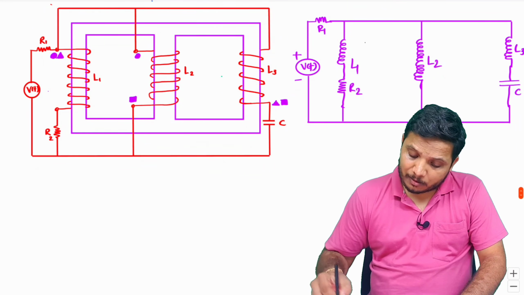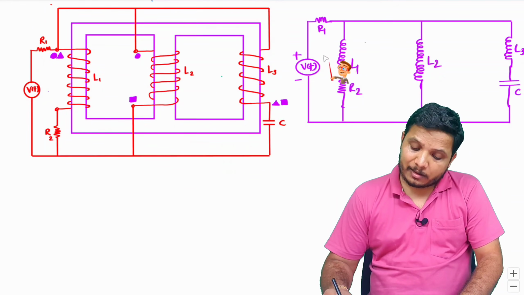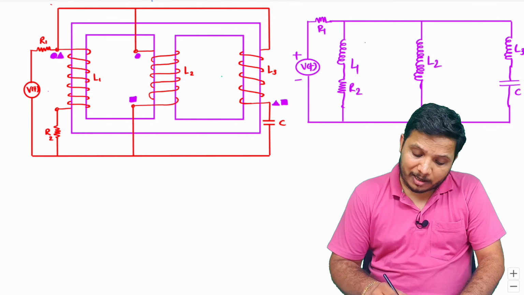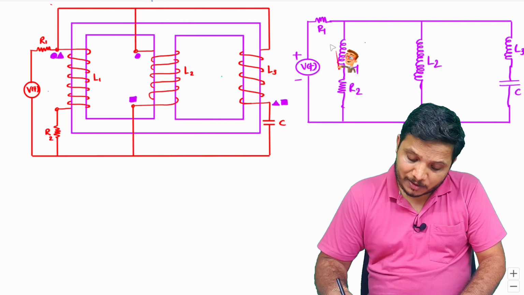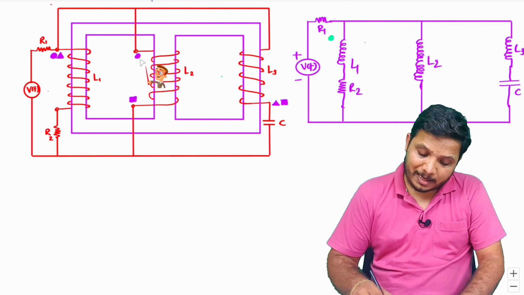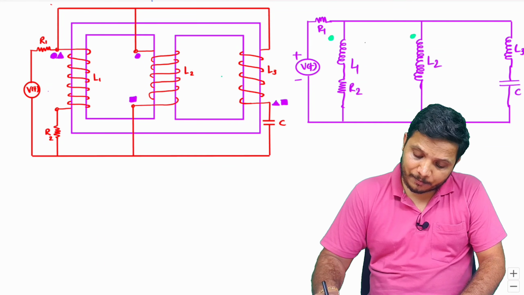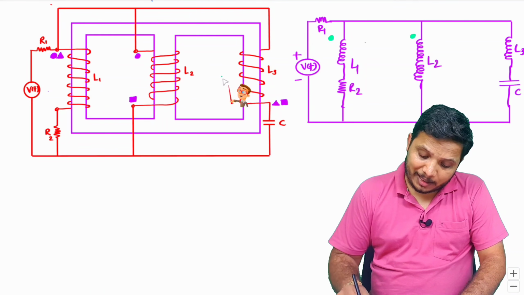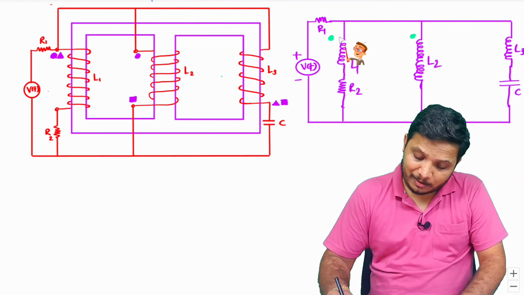Now with this circuit, I need to place this sign convention, or one can say dot convention. So you see, in between L1 and L2 we have a circle. In between L1 and L3 we have a triangle.